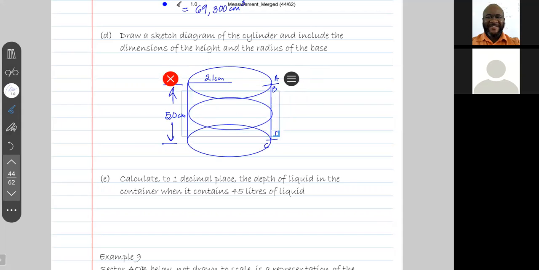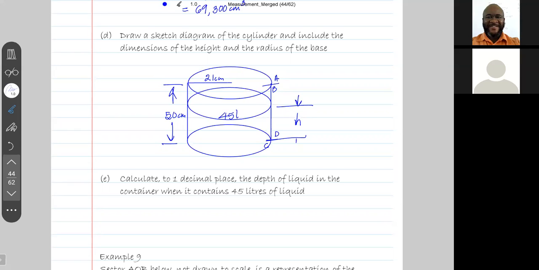All right, they pour in some liquid in it. I wish I could change the color as well, just for it to be different. So somebody pours in 45 liters of liquid. And this would be the height of the liquid in the container. And this is what we need to find.